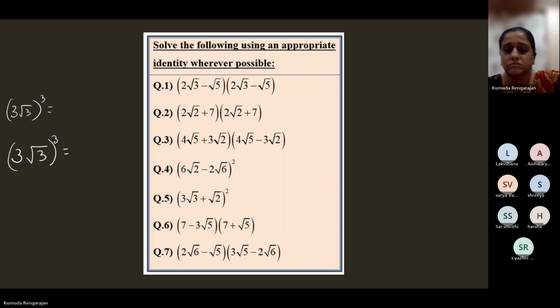Mom, is it 27 root 27? 27 root 27 is 27.